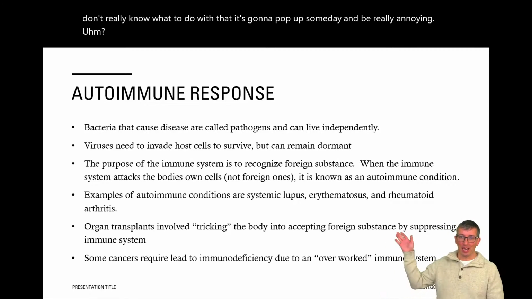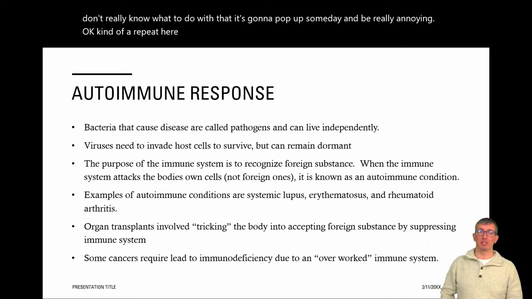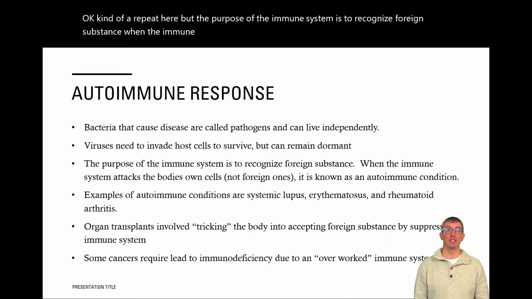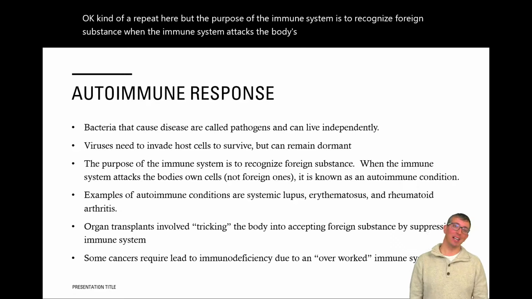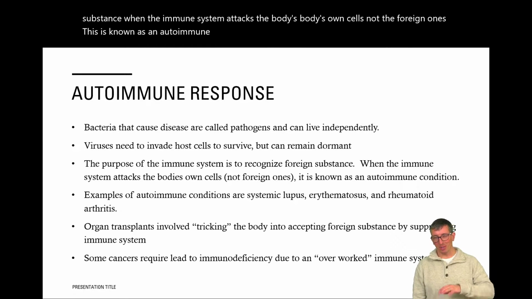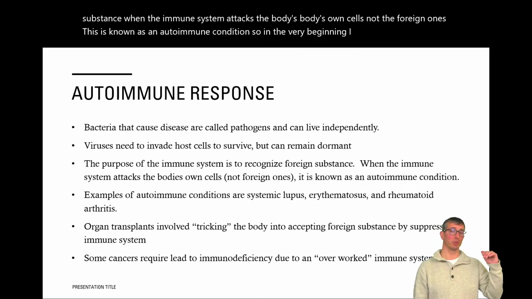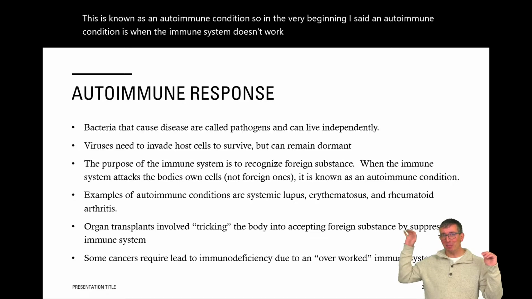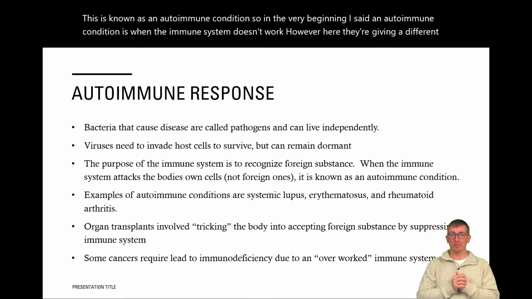Okay, kind of a repeat here, but the purpose of the immune system is to recognize foreign substances. When the immune system attacks the body's own cells, not the foreign ones, this is known as an autoimmune condition. So in the very beginning, I said an autoimmune condition is when the immune system doesn't work. However, here they're giving a different description. It's a little bit confusing.